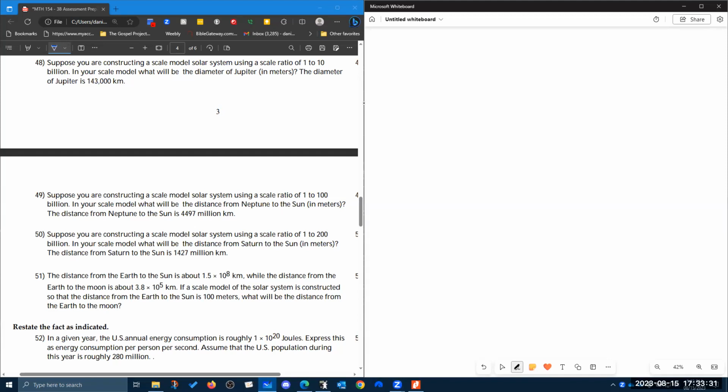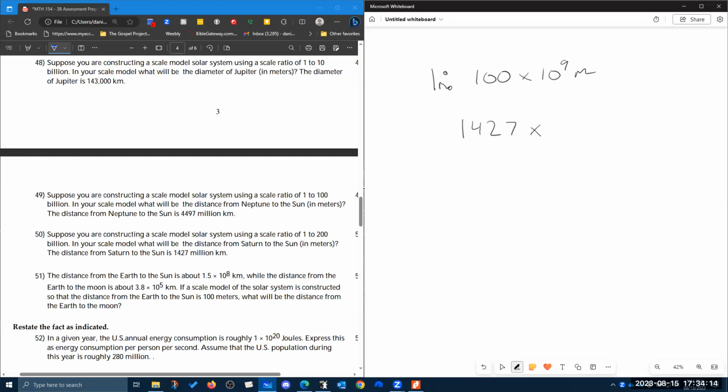So the scaling factor is 1 to 100 billion again. So 1 meter is going to be the same as that. So now we want to ask what is 1,427 million kilometers.